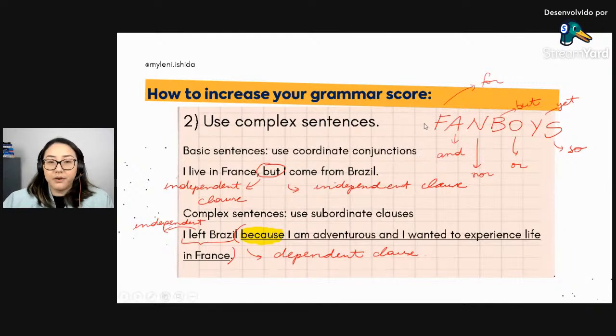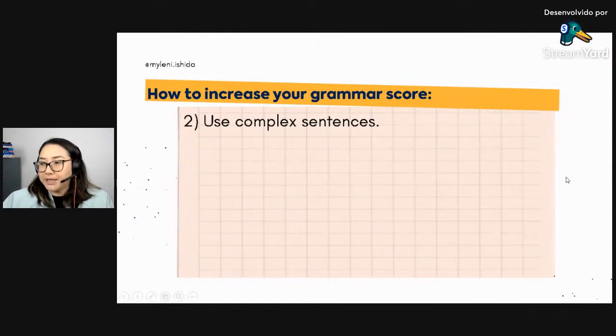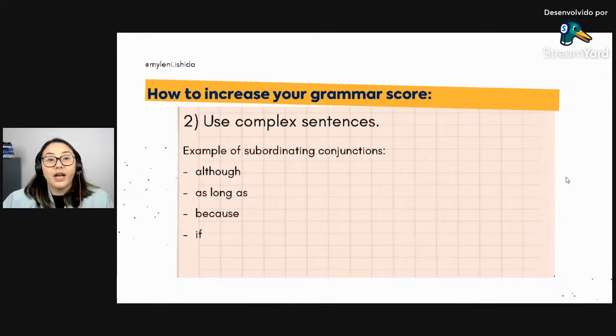And now we're going to see how we are going to make complex sentences. My suggestion, if you go on the internet after the class and you want to study this more deeply, because here we don't have a lot of time, is to study the subordinating conjunctions.